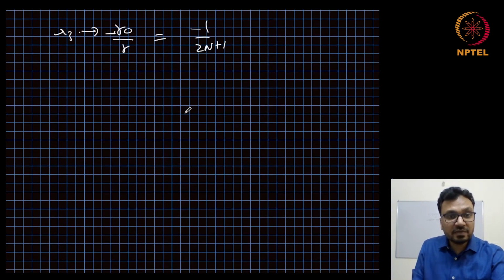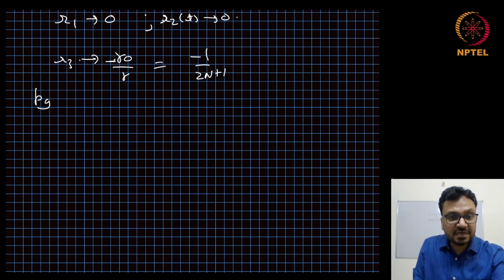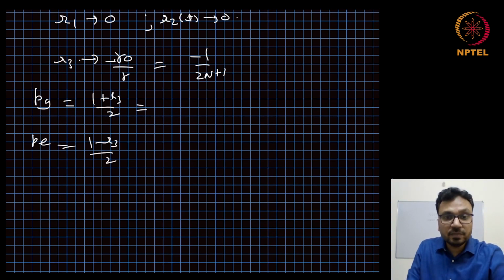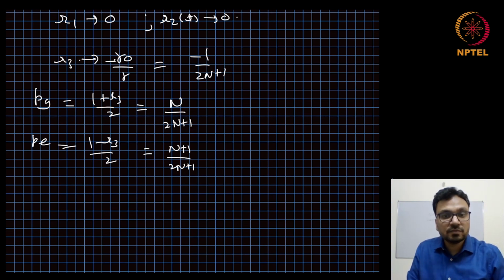From here we can calculate the probability of the ground state and probability of the excited state, which is 1 plus R3 over 2 and 1 minus R3 over 2. And they come out to be n plus 1 over 2n plus 1 and n over 2n plus 1. And these are the populations in the thermal state.